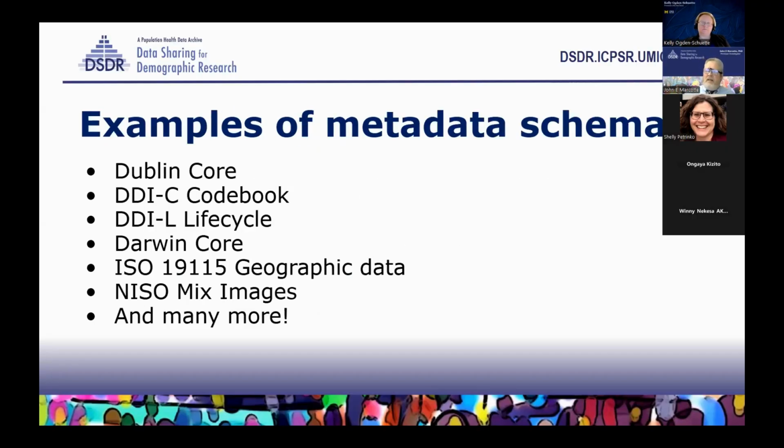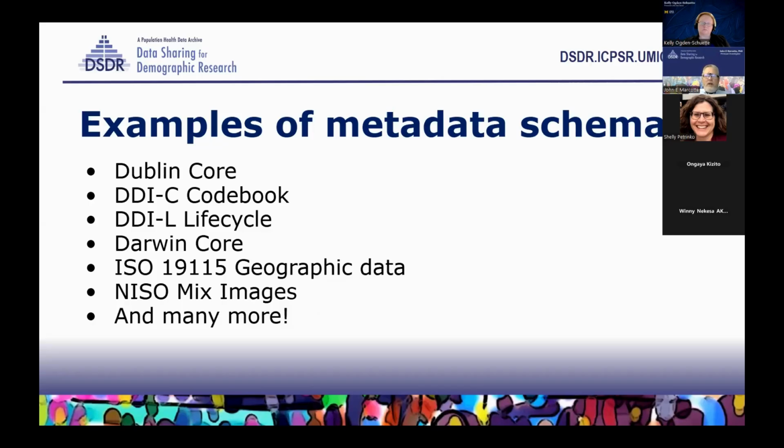So I just mentioned metadata schema. This is just an example of a few metadata schema, and there are many more. Dublin Core is a very popular metadata scheme. There's DDI, Data Documentation Initiative C, which is Codebook, the primary metadata schema that ICPSR uses. There's also DDI L, which is for lifecycle, which is for longitudinal data.